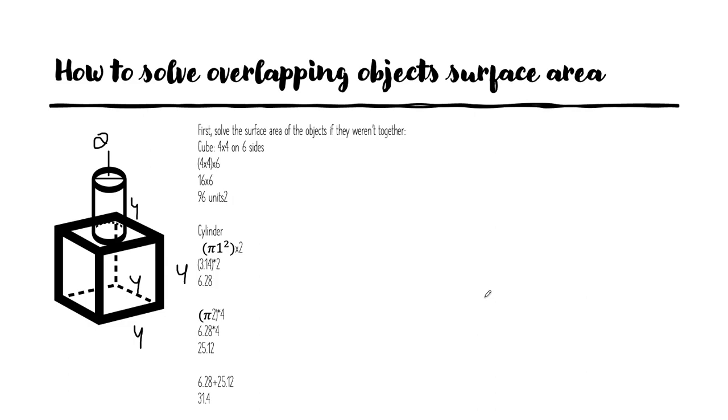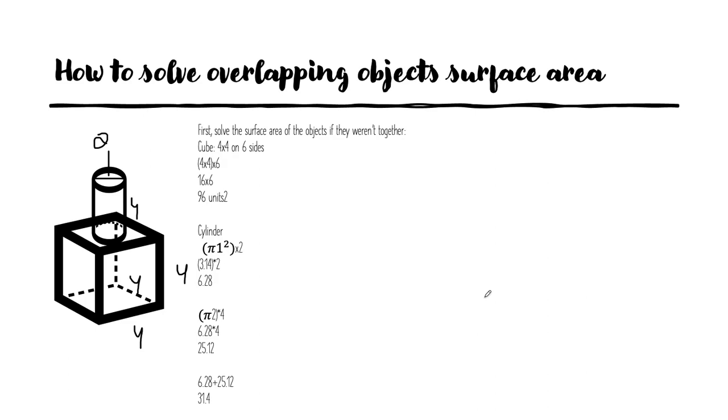But because we have 2, we're also going to times that by 2. Now our radius was 1, and our diameter is 2. So we're going to do pi times 1 squared. 3.14 is our answer. But there's also the bottom side, so we're going to times it by 2. 3.14 times 2 is equal to 6.28.